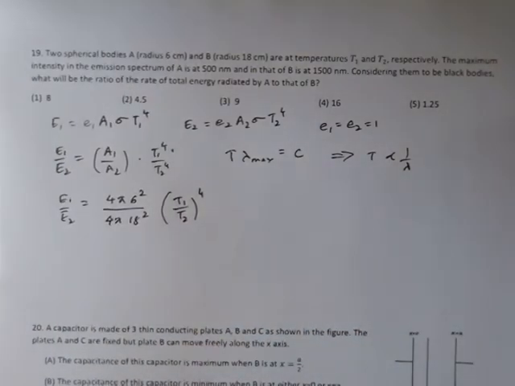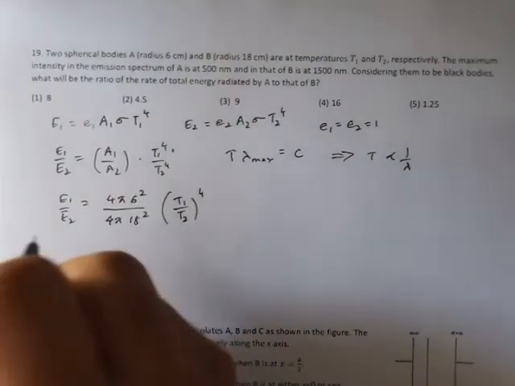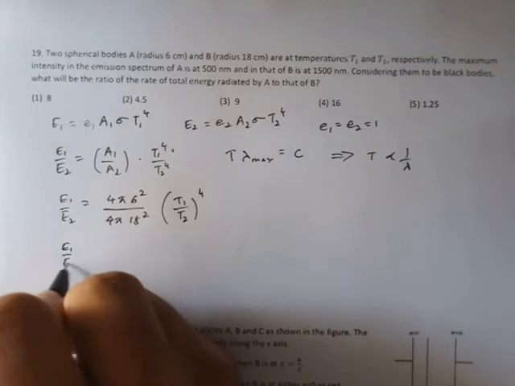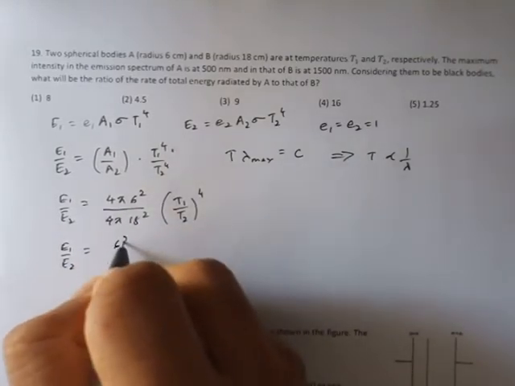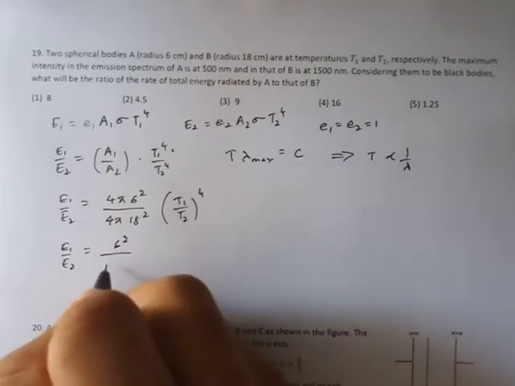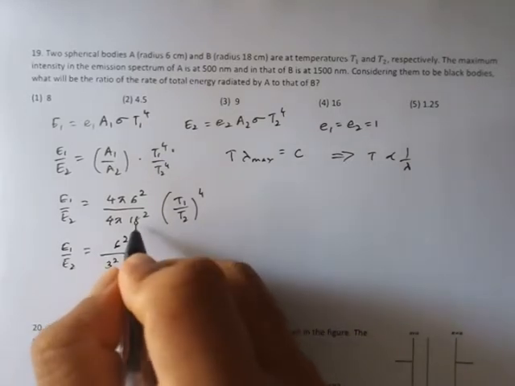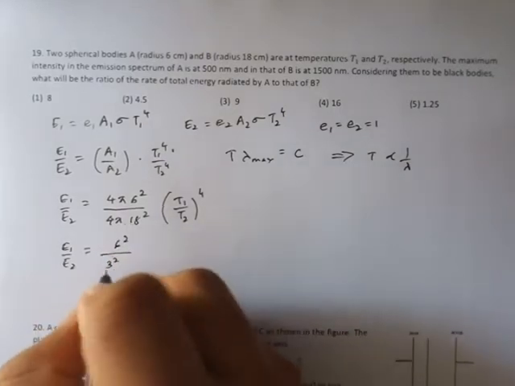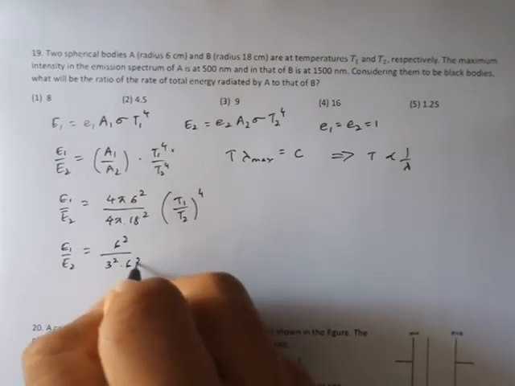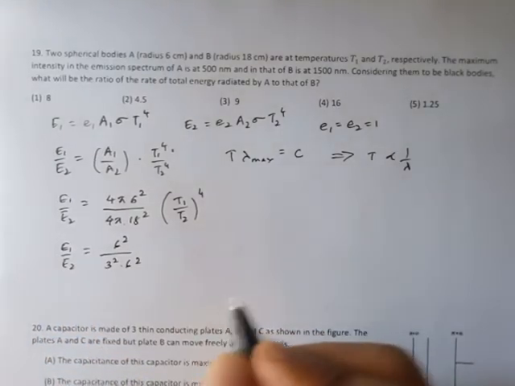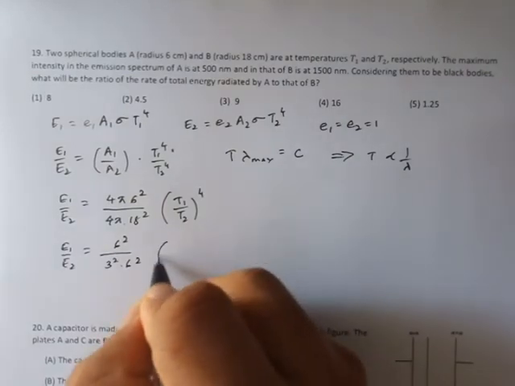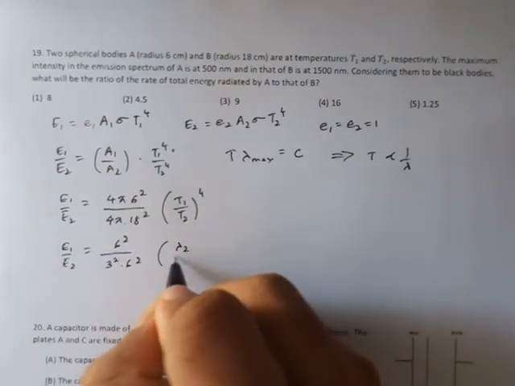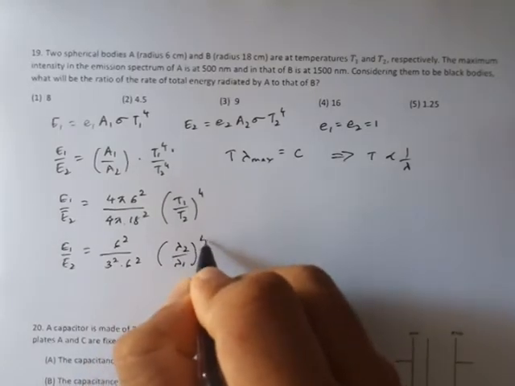The 4 pi cancels off, so 6 squared over 18 squared; 18 is 3 times 6, so 3 squared times 6 squared. And from this, T is inversely proportional to lambda, so I get T1 over T2 is equal to lambda 2 over lambda 1 to the power 4.